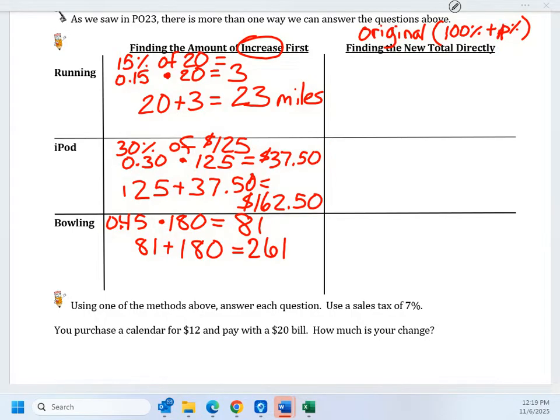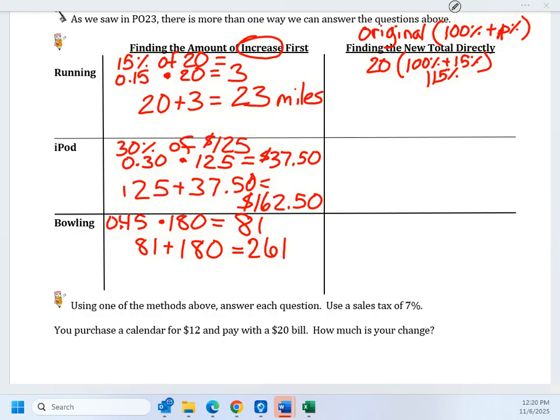So our original amount for the miles that we're running is 20. So we're gonna multiply that by 100% plus 15%. What is 100% plus 15%? Finley? 115%. What would that be as a decimal?